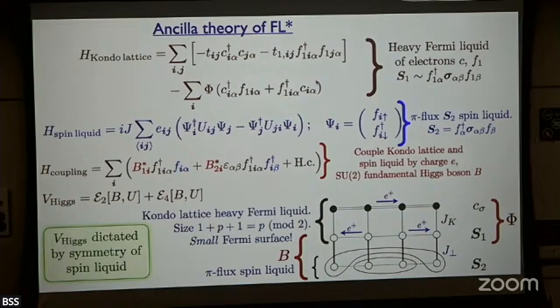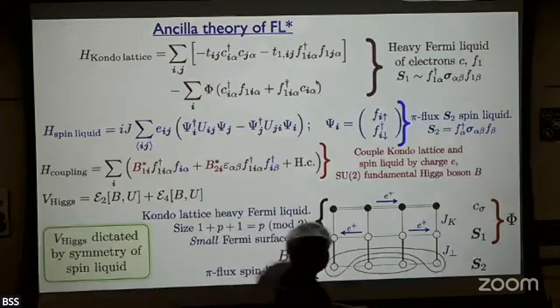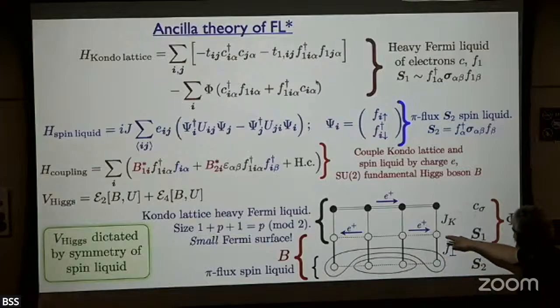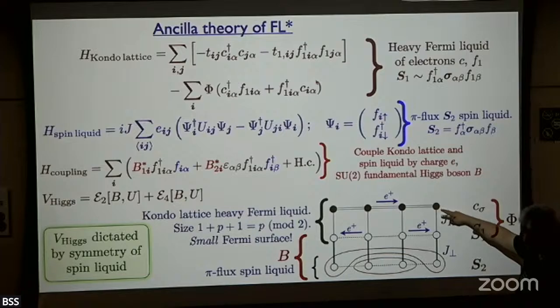If I have a very small Kondo coupling between C and S2, it's stable against small perturbations. Let me answer that. If you think in terms of Kondo physics, S1 has an antiferromagnetic coupling to the environment, to the conduction electrons.